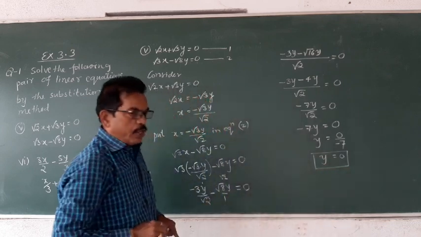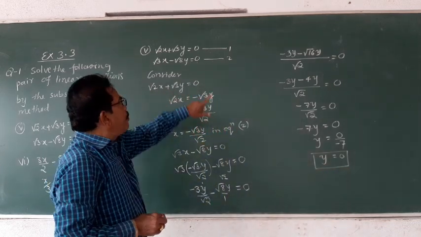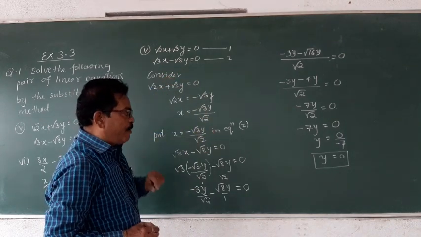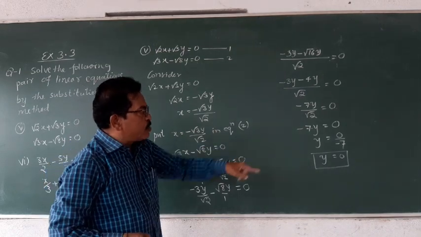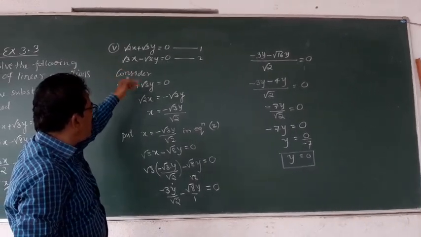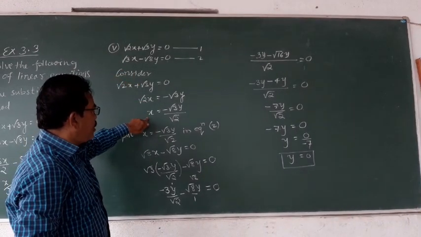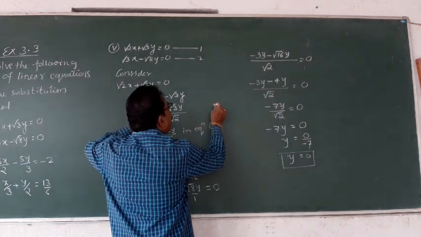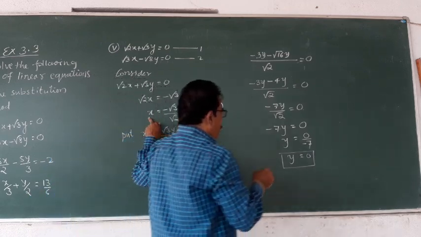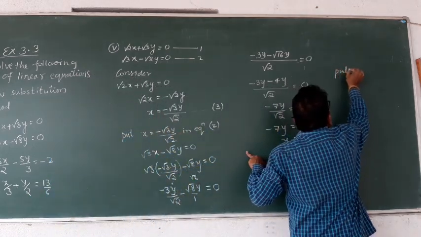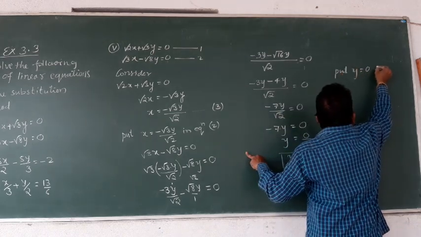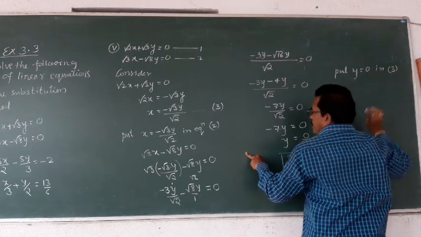y equals 0 is the value of the second variable of the pair of linear equations. Now let us put y equals 0 in any one of the equations. For example, let us consider the third one. Put y equals 0 in third.